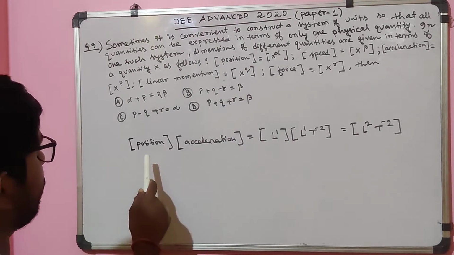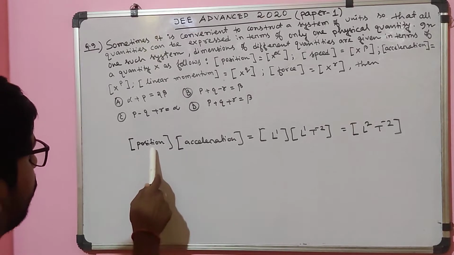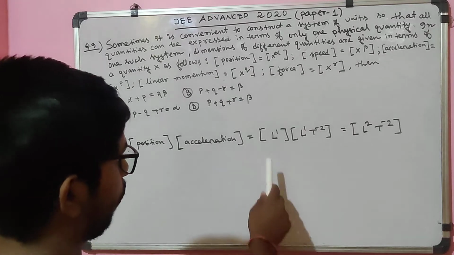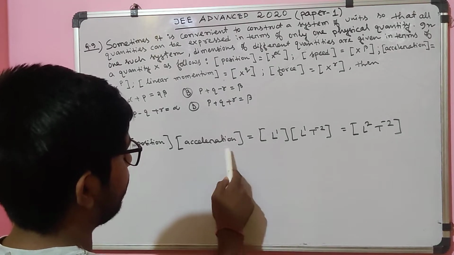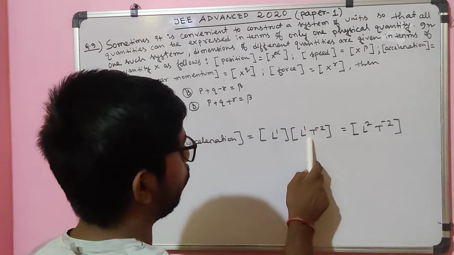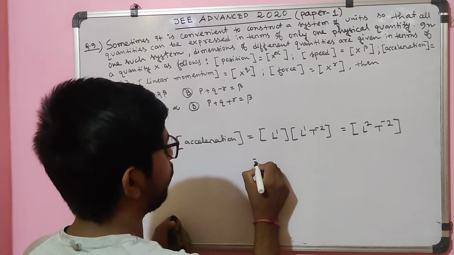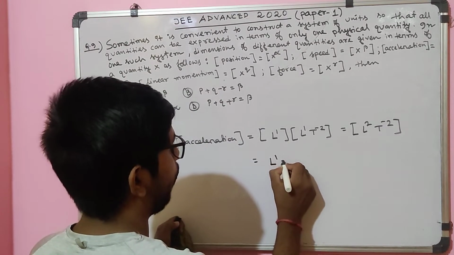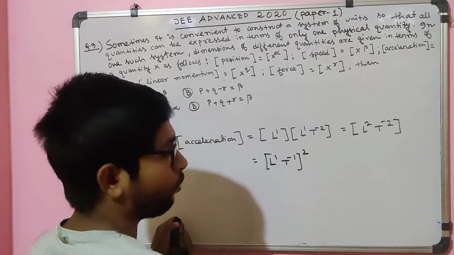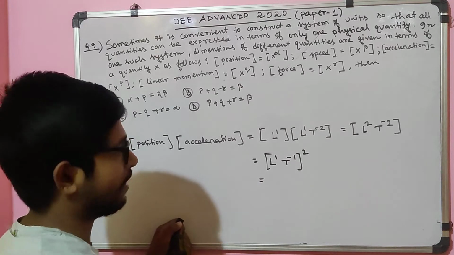Position is L1 and acceleration is L1 t minus 2, so the product is L2 t minus 2, which we can write as L1 t minus 1 whole squared. And what is L1 t minus 1?